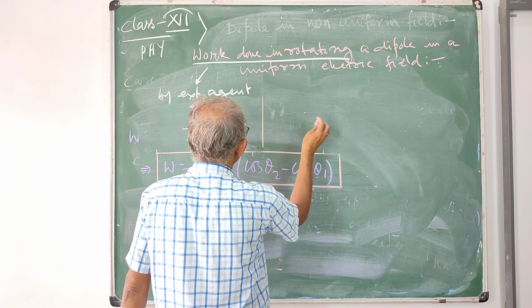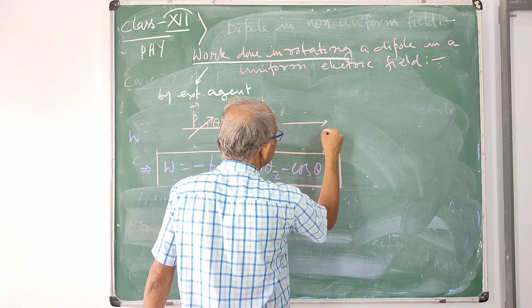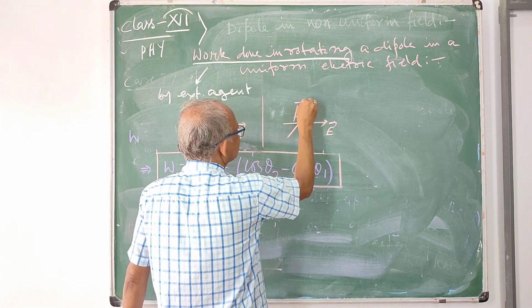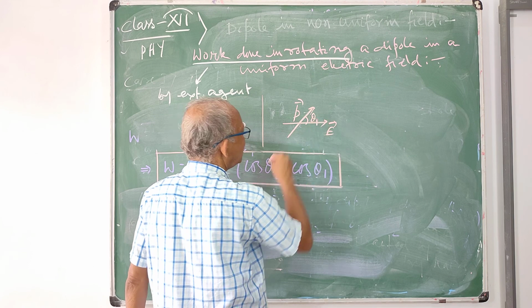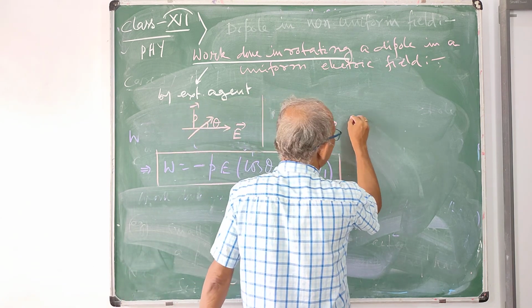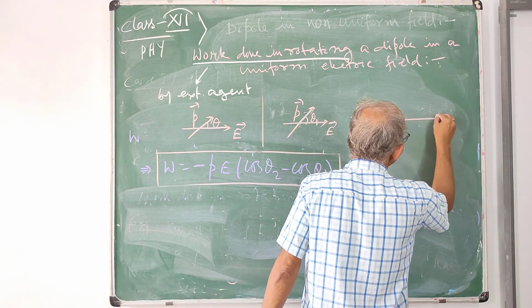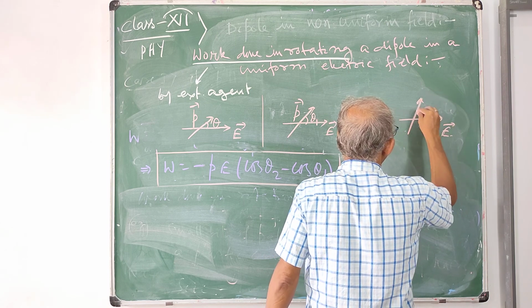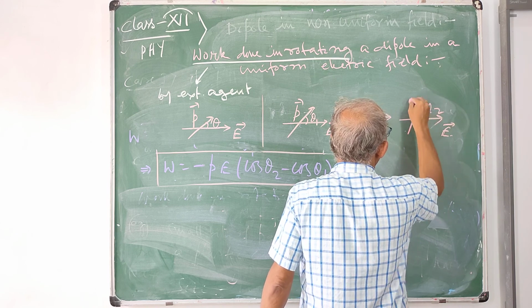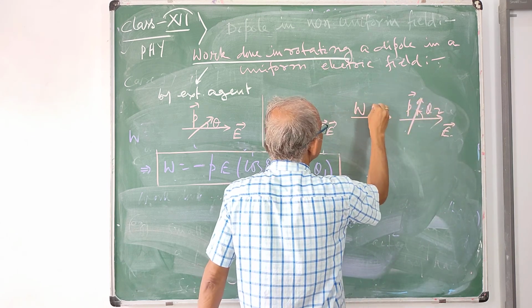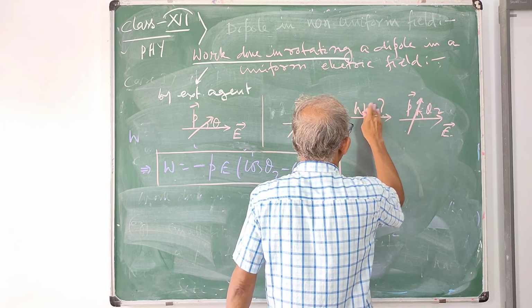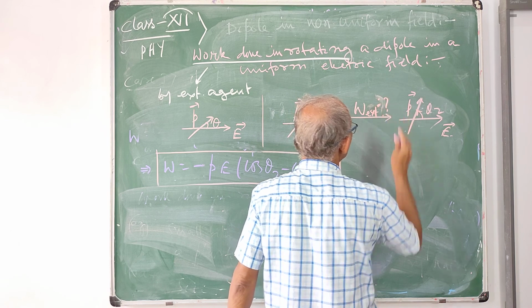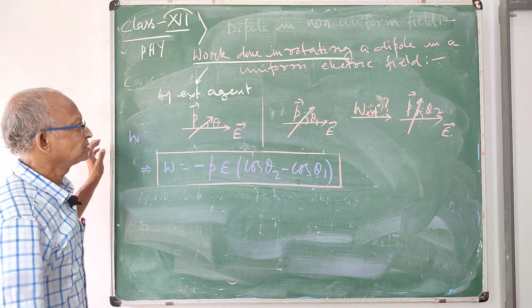Now the question is, suppose this is E and the dipole is making an angle theta 1 initially, and then finally we change the orientation to theta 2. Then how much work is done by the external agent?